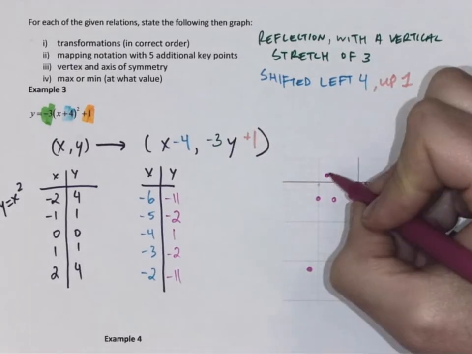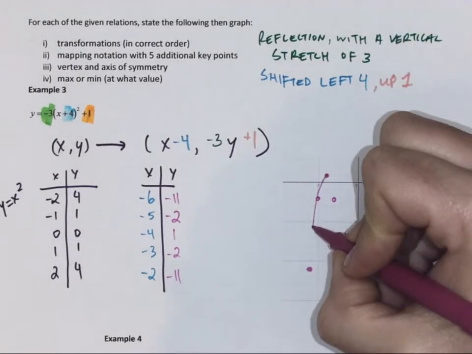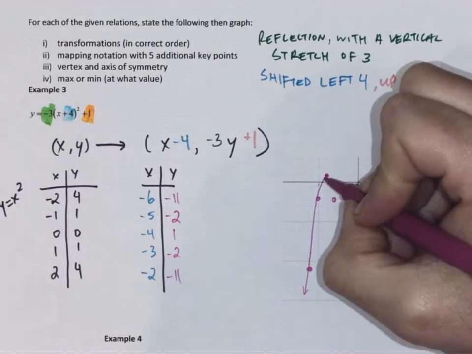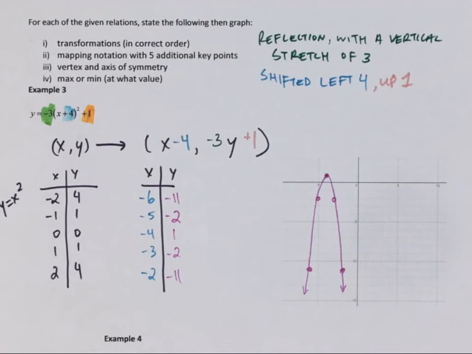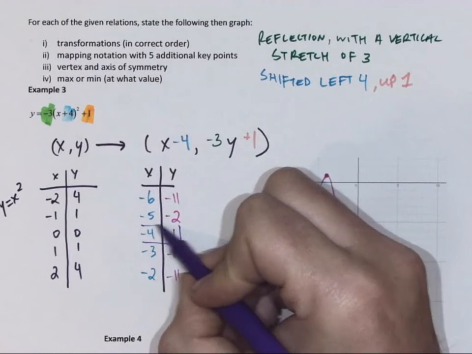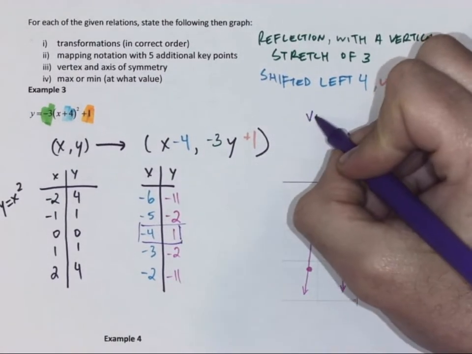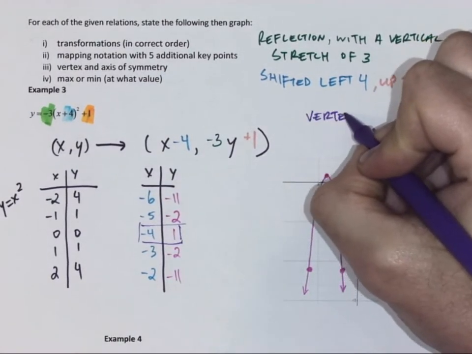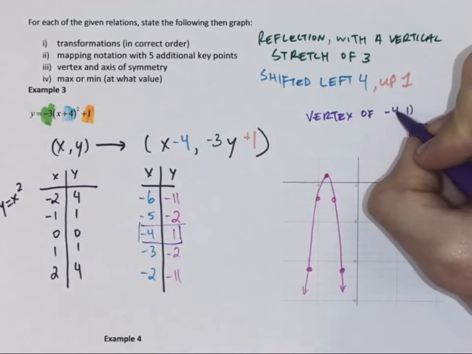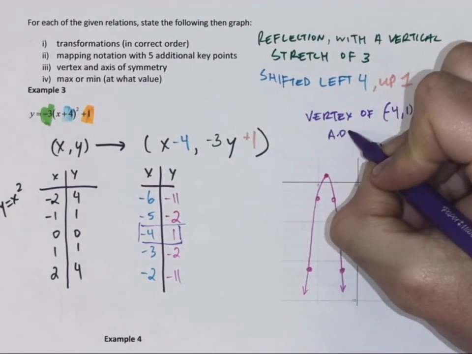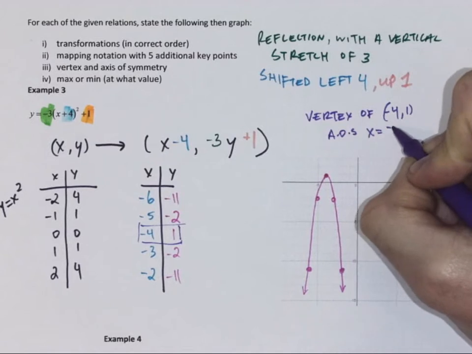There's my parabola. I can take my time, draw it. Arrows on the end to show that it's opening down forever. Here's my vertex, negative 4, 1. Again, my axis of symmetry is the x-coordinate.